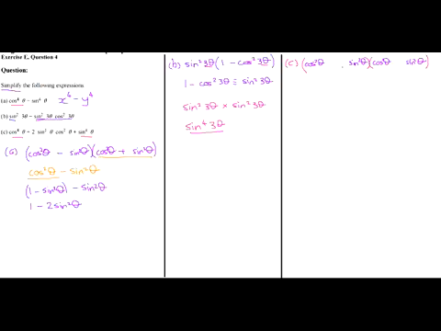Now, everything's positive in here, but let's think about it. If you multiply this first term by the last term, and these two inner terms together, you're going to get a sine squared cos squared theta, okay? Which is this term here.